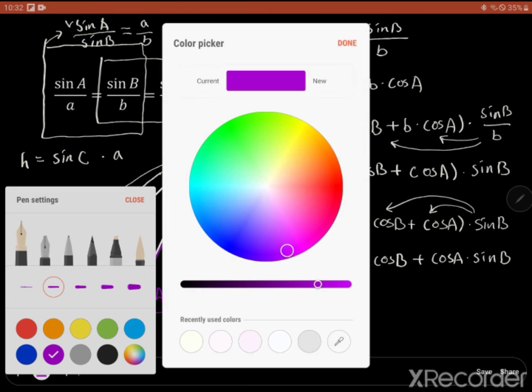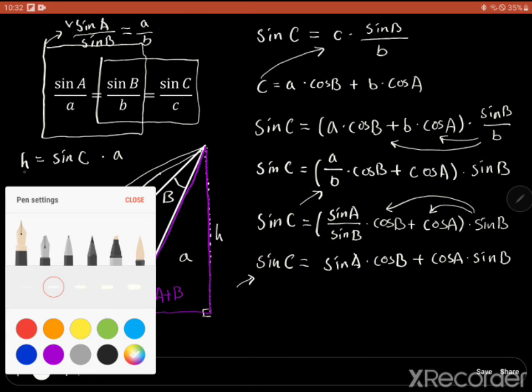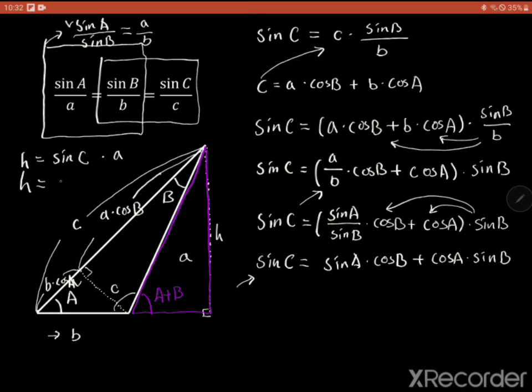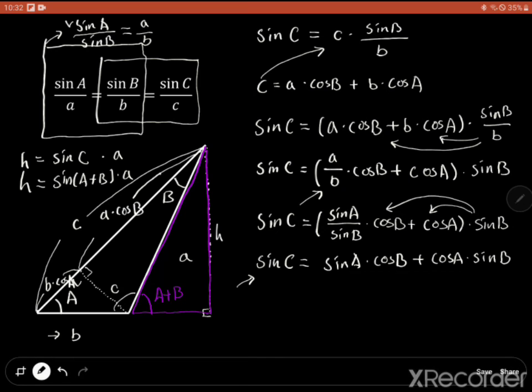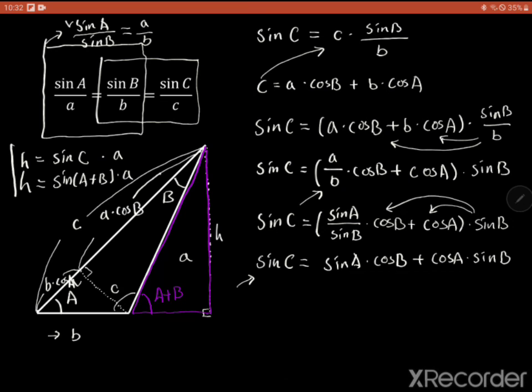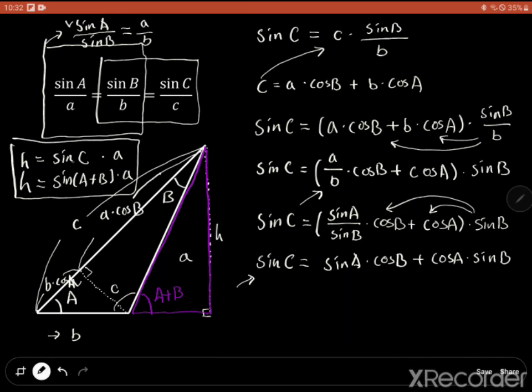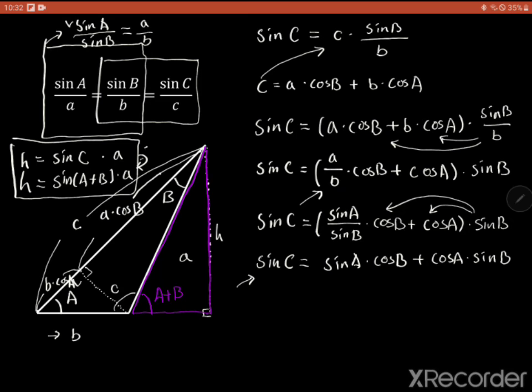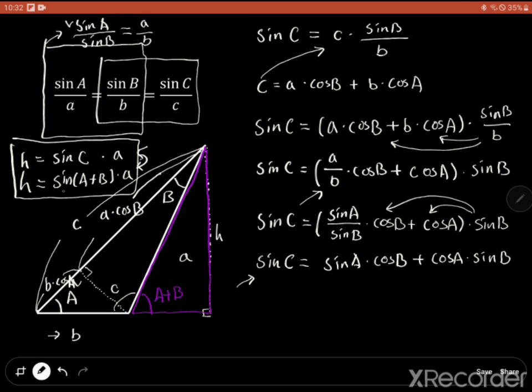So the height h is equal to sine a plus b multiplied with, of course, the same hypotenuse, which is a. Now from this equation, we conclude that h is the same. Sine c will be the same as sine a plus b.